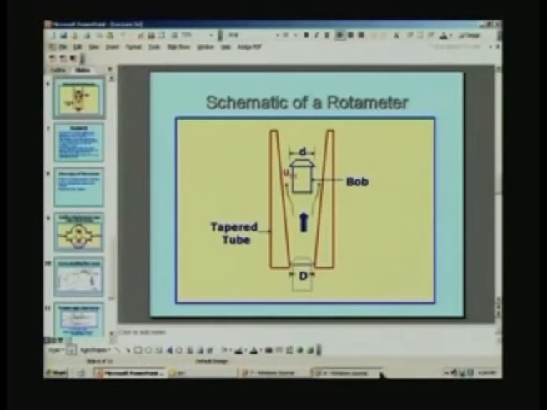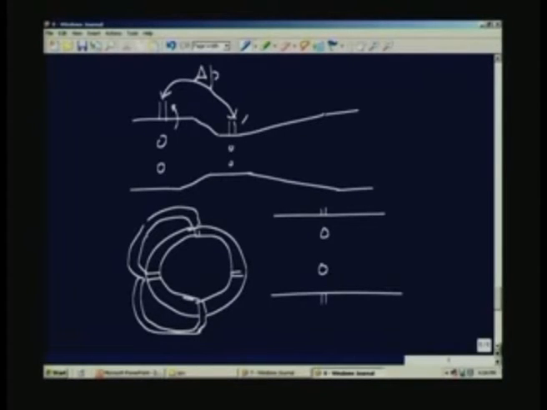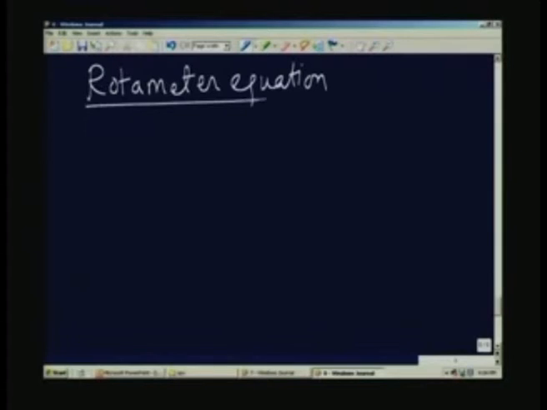So I am going to work it out. We want to look at the rotameter equation. We will actually derive this equation. So let me just make a simple sketch here again.